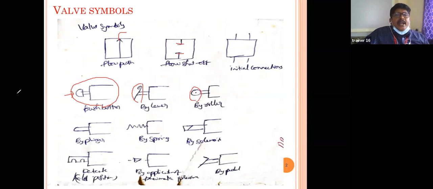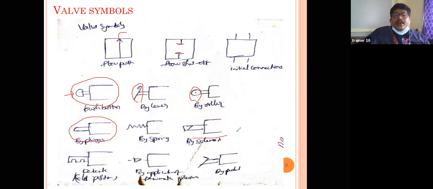These are all mechanical buttons. And plunger, all of you know that. And spring is also mechanical. When the pressure applies, the spring comes to this position, and after that it comes back to the original position. That means activate and deactivate.